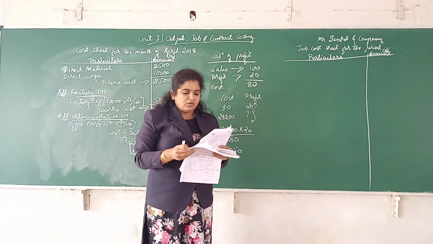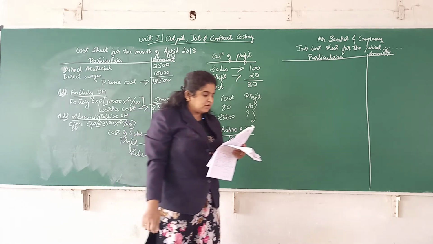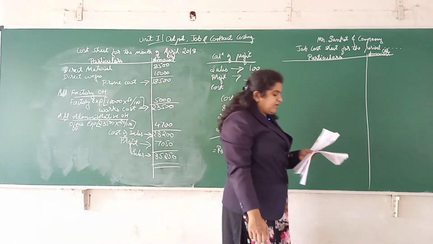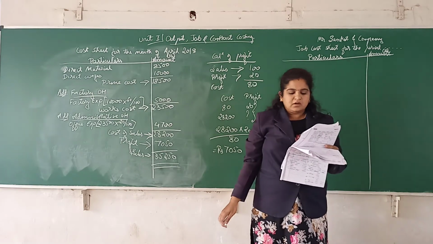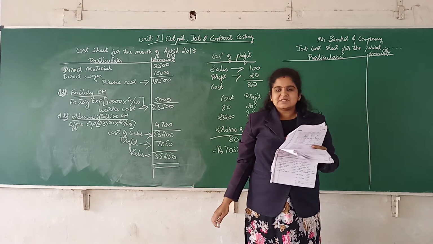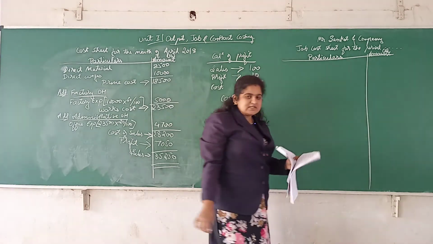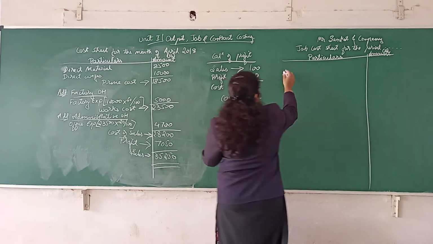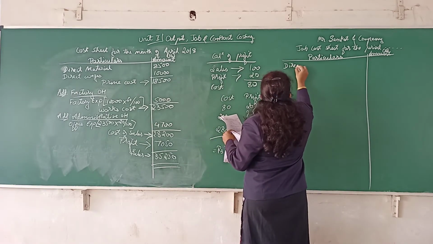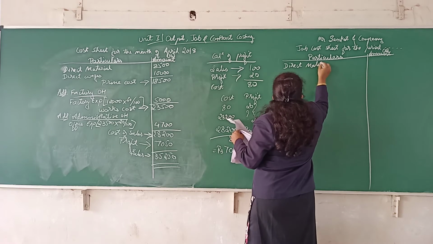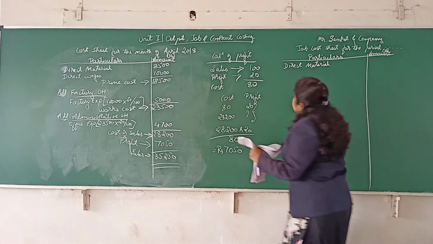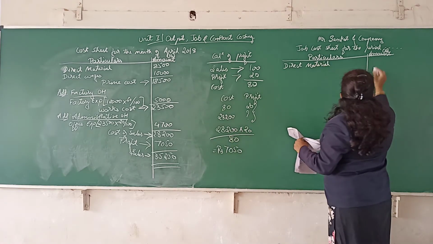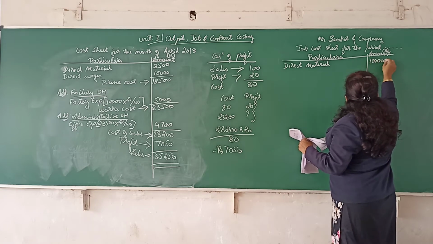Okay, now read out the first point. Estimated material cost of job number 106 is rupees 1 lakh. So that is nothing but direct material. Direct material amount is 1 lakh.